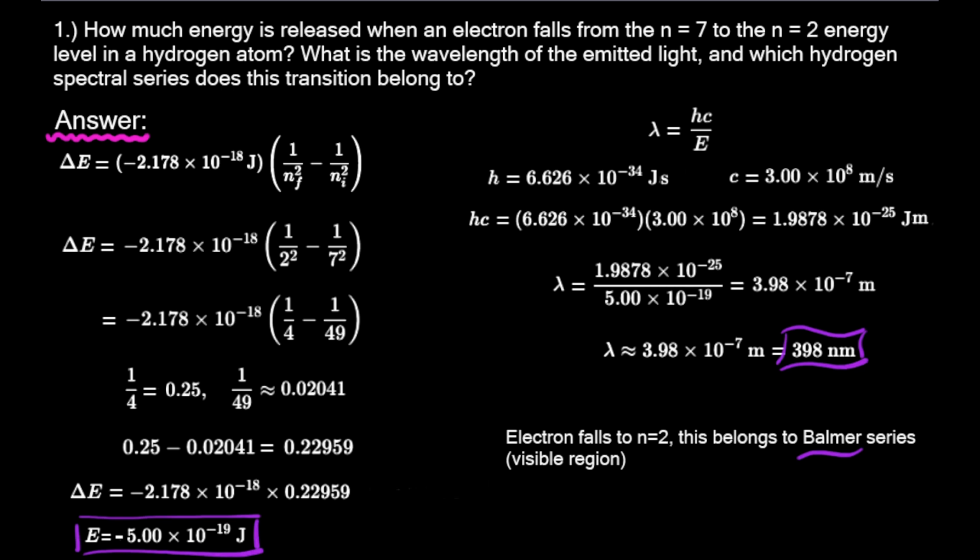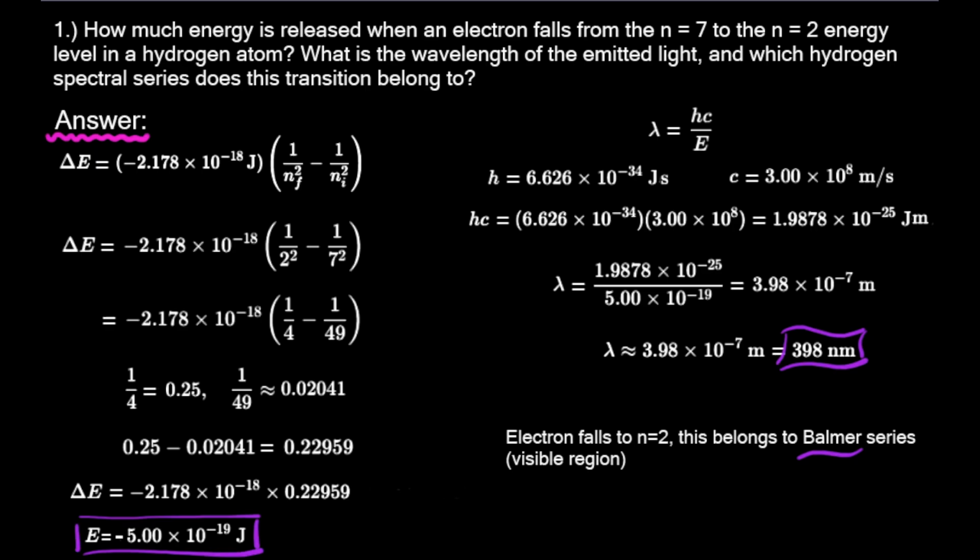Now divide by the energy, we get wavelength equals 1.9878 times 10 to the negative 25 divided by 5 times 10 to the negative 19. This gives a wavelength of approximately 3.98 times 10 to the negative 7 meters, or 398 nanometers.